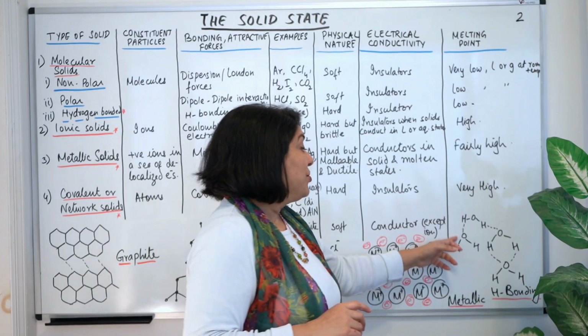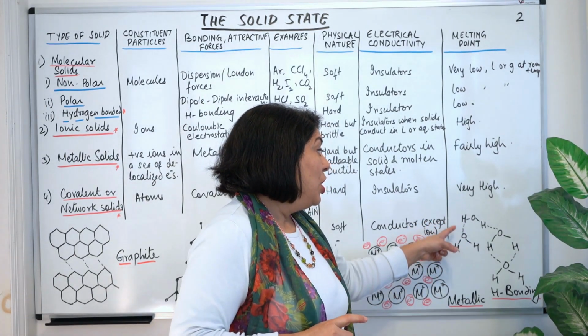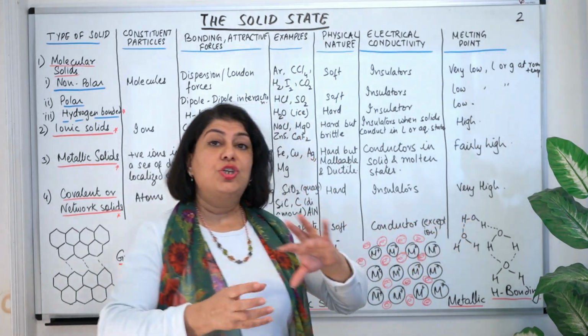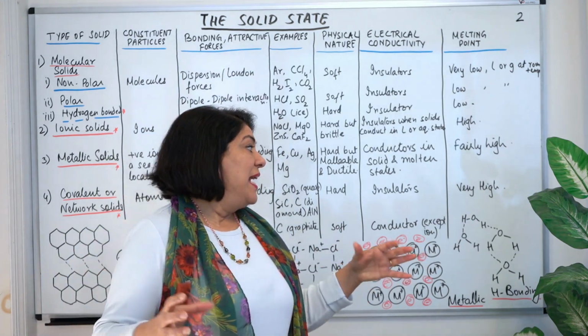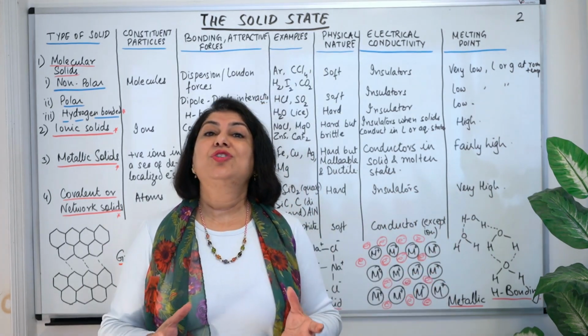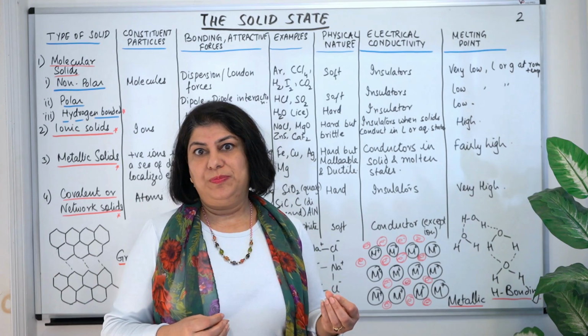And this attraction is also very strong, so we call it a hydrogen bond. So in this way, the hydrogens and oxygens of different water molecules form hydrogen bonds among themselves, and it creates a network of water molecules which turns it into a solid. And that is what happens when ice is formed.